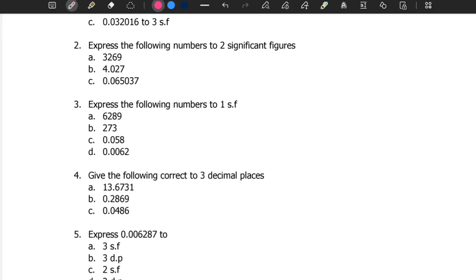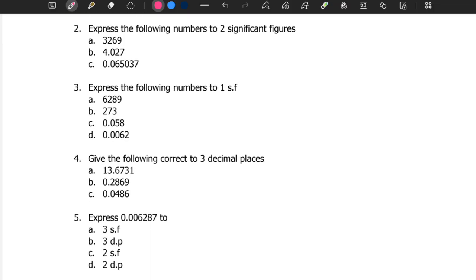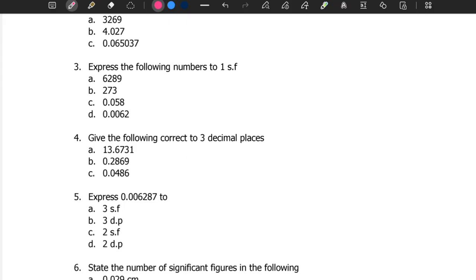I can show you, for example, let's try question number 4, where we look at 4C. We say 0.0486 to 3 decimal places. So these are decimal places.